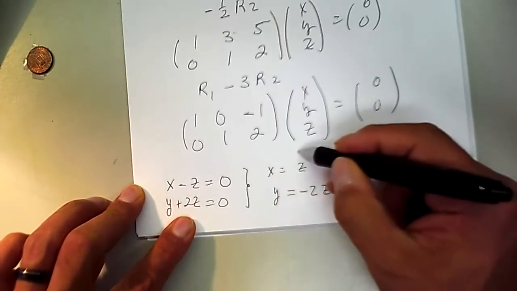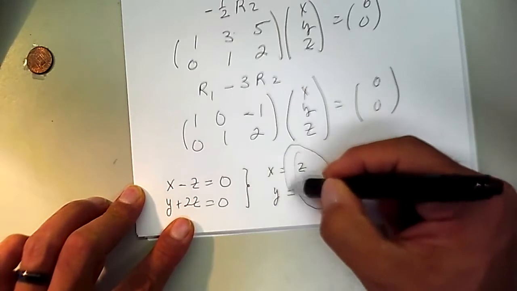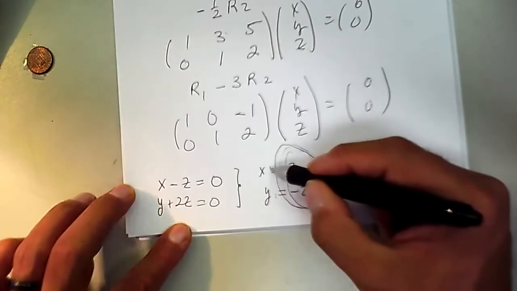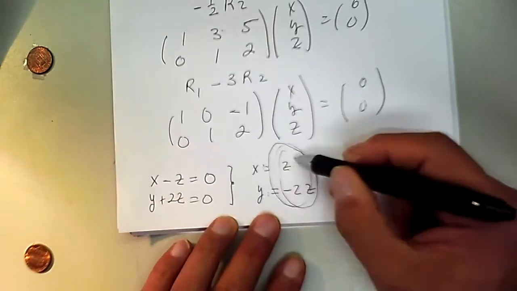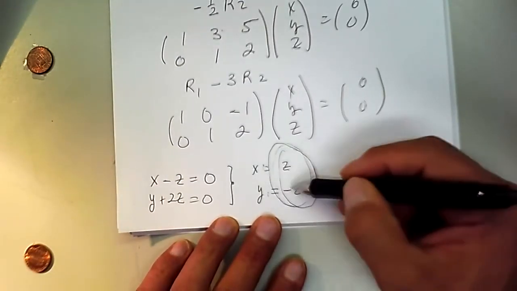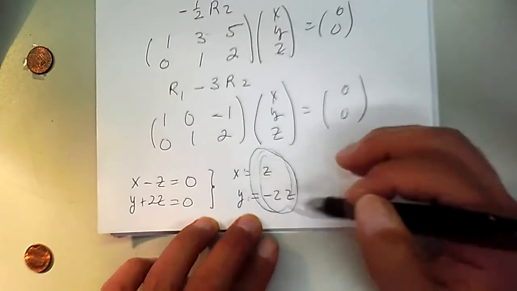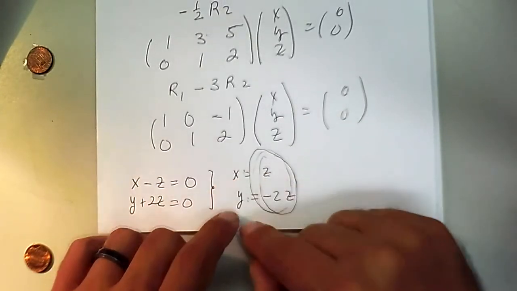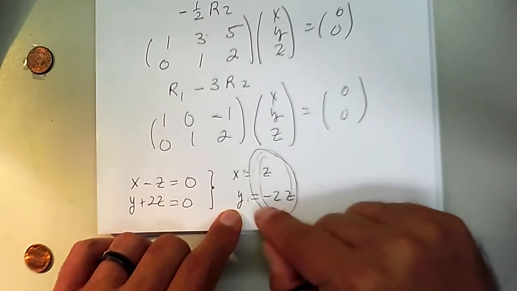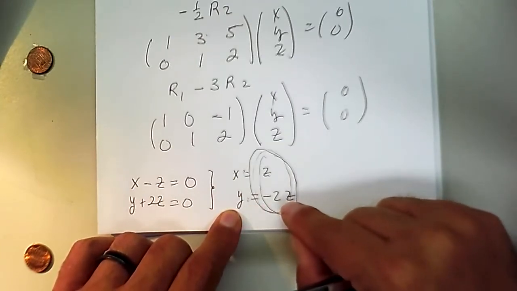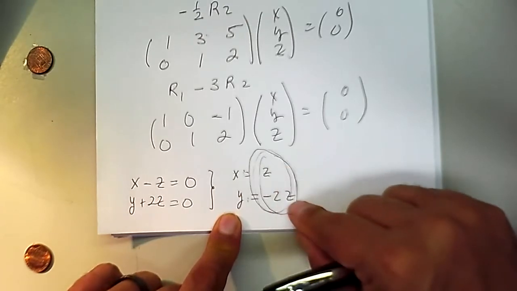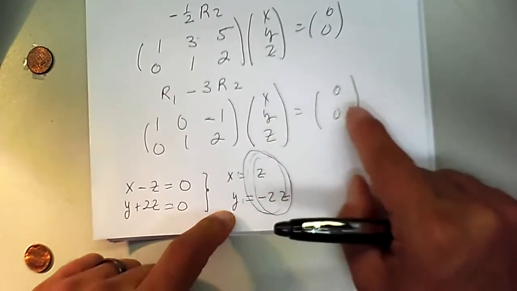So that means we have one free variable. This guy can be anything it wants to be, and the other two have to do whatever those two equations say about z. So this equation says x has to be whatever z is, and this one says y has to be the opposite of twice what z is. So z is a free variable. It's only one free variable.